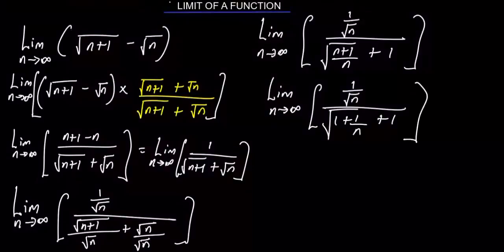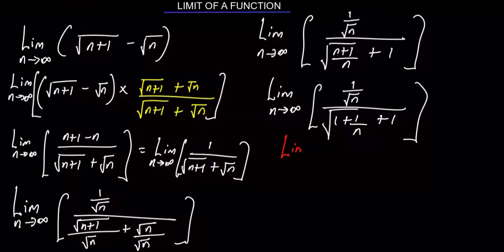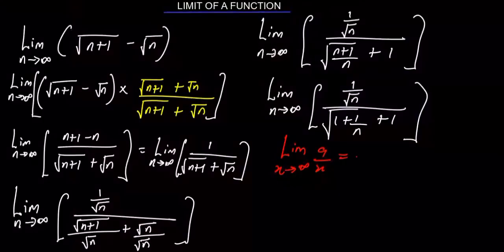So do you remember what we've learned before? That if you have the limit where x tends to infinity of, let me say, a over x, my answer will be equal to 0. Observe, what you have here is tending to infinity.